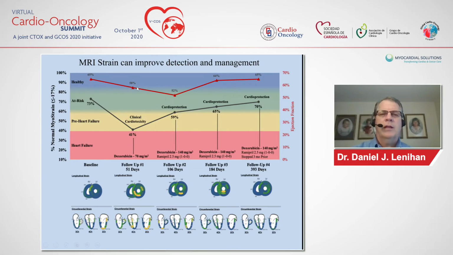And if you look at the left ventricular ejection fraction throughout the case, there really was no substantial change, although the left ventricular ejection fraction approached abnormal in the midpoint.